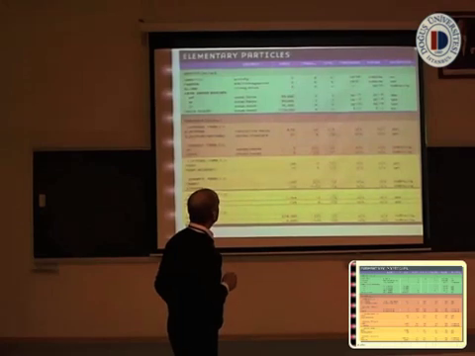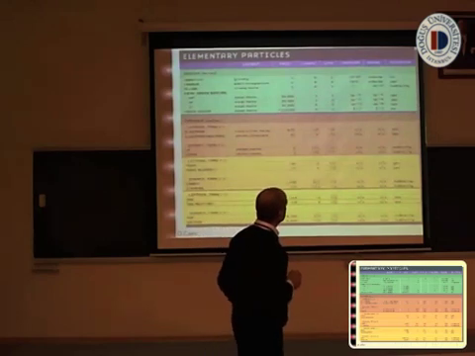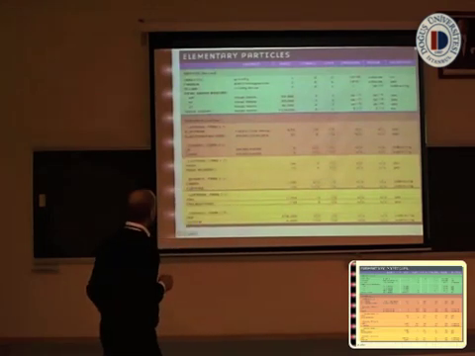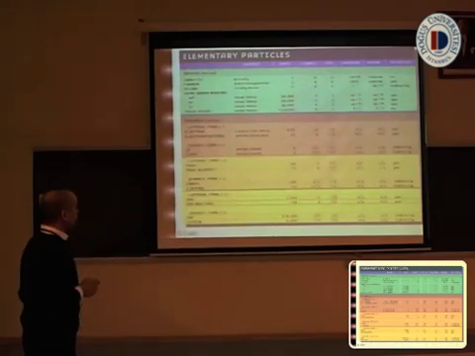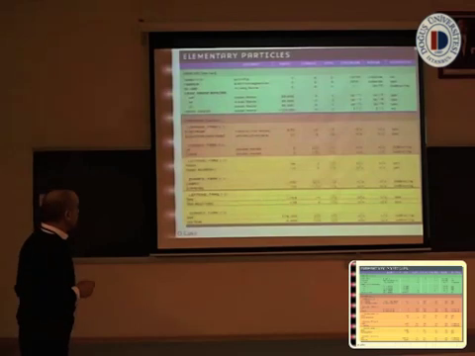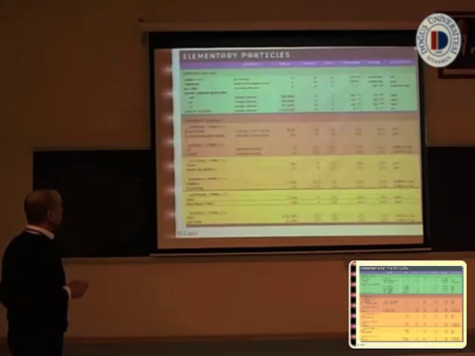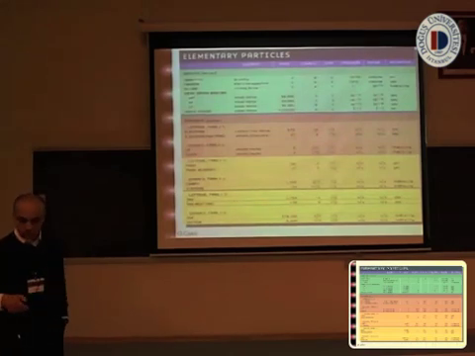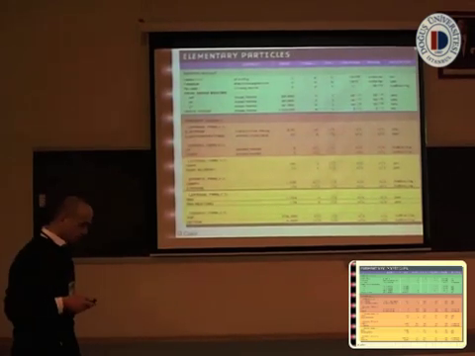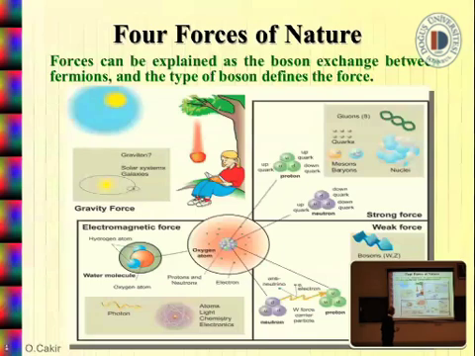We have some properties of them: mass, charge, spin, strength, and the interaction range. Matter particles, fermions, are grouped into three families: leptons and quarks. First family here, then second family here, and then the third family here. The top quark has the highest mass in the fermion part.